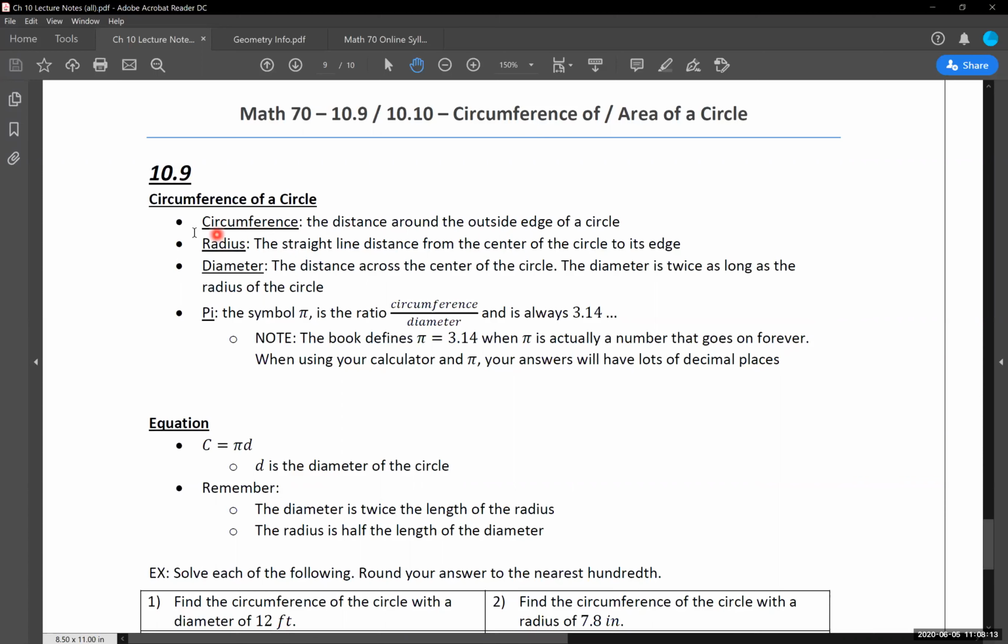Well, the circumference is the exact same thing, but it is specific to the, I shouldn't say the area, the distance around the outside edge of a circle. So it means the exact same thing, but the circumference is specific to determining that length for a circle.